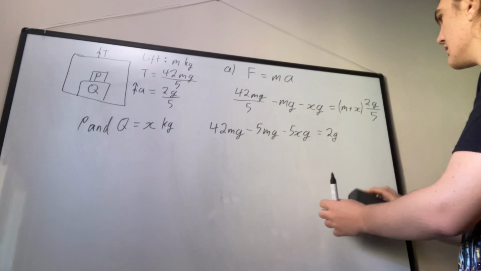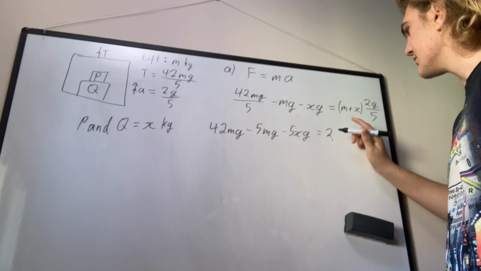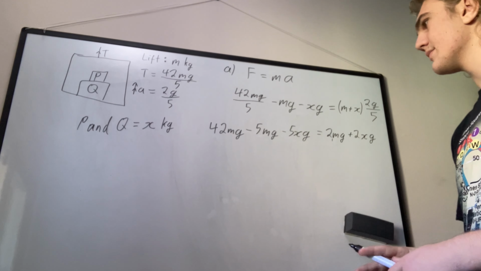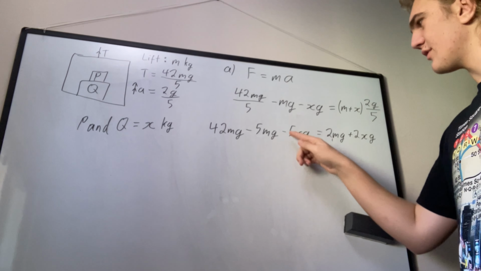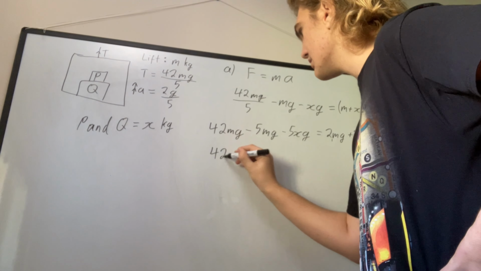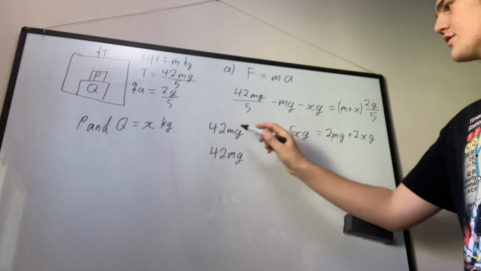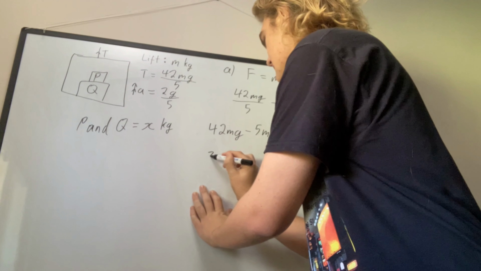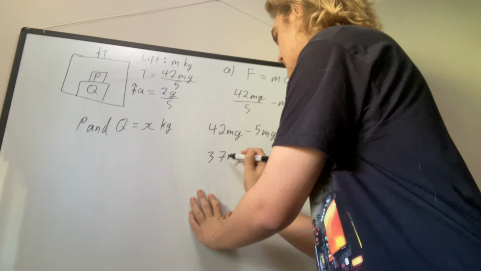So 2g times m is 2mg, and 2g times x is 2xg. Now we can rearrange everything. I'm going to move all the x's to one side and everything else to the other side. So 42mg minus 5mg is the same as 37mg, and then we do minus 2mg because we move it over, equals, we move this one to that side, 2xg plus 5xg.